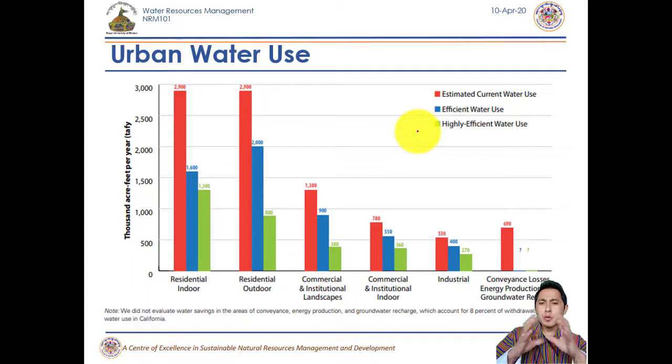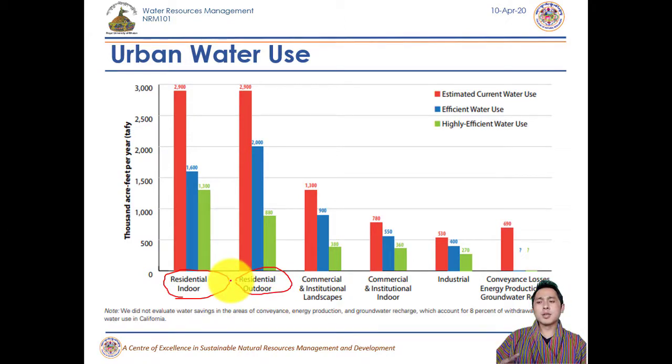Urban water is basically used by people at their homes. This is called residential indoor. Sometimes people also use water to irrigate their garden, their lawn, or to wash their surroundings. These are called residential outdoor.